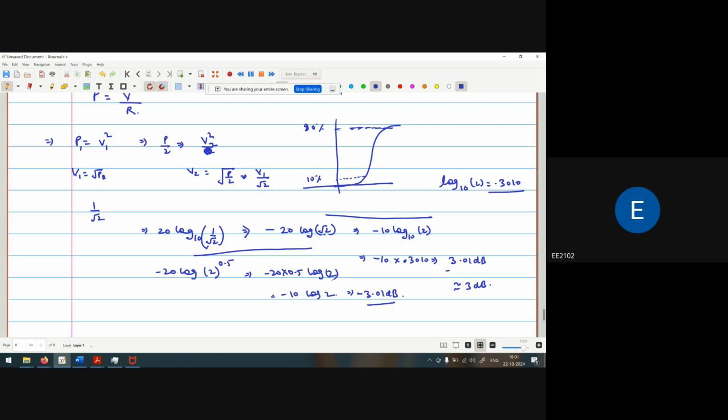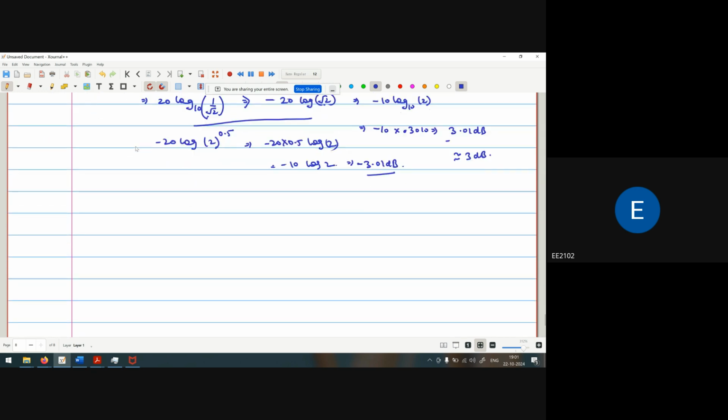Because if we are talking about the filter, the ideal filter, like a low pass filter, will be 1 and then it will become 0. So we can say this is my cutoff frequency FC, because the frequency is a single value.